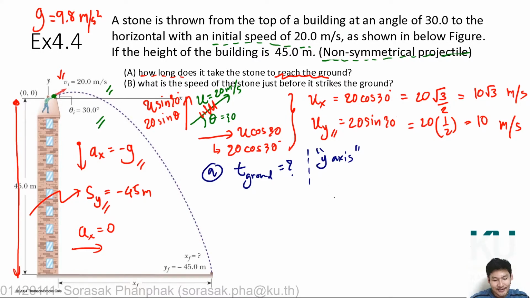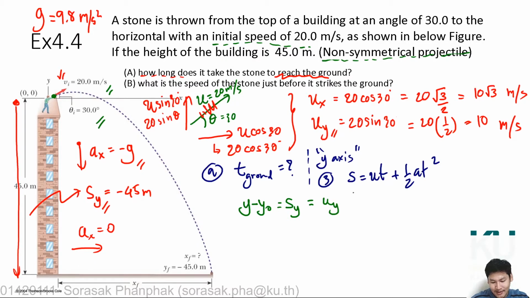Think about that. So that's supposed to be your third equation, right? s equal to ut plus 1 over 2 at squared. If you rewrite in terms of the y-axis, you get y as a displacement, so it's supposed to be y minus y0. So I can write sy over here, and u, which is the uy component, multiplied by t plus 1 over 2 ay t squared.